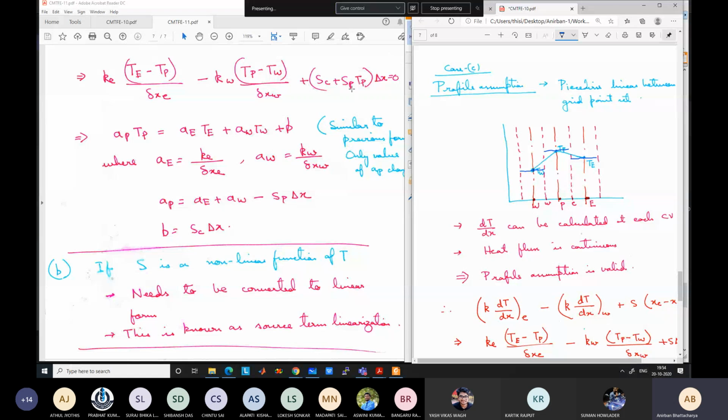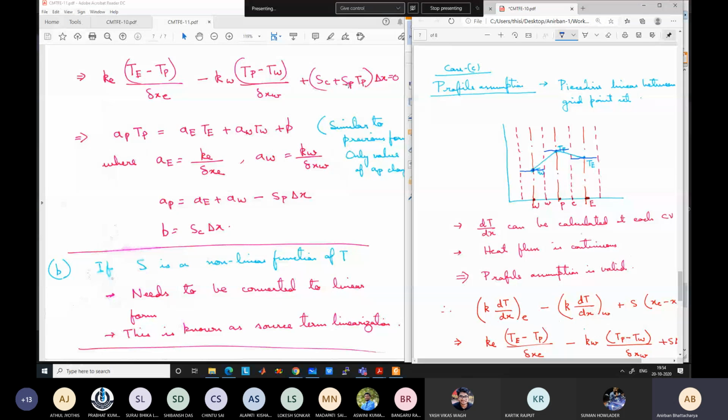Any questions? Sir, for this case, we are assuming the source term as constant for that region. Yes, we take the profile like a single straight line. But if it is a variable of temperature, how should we take the profile?